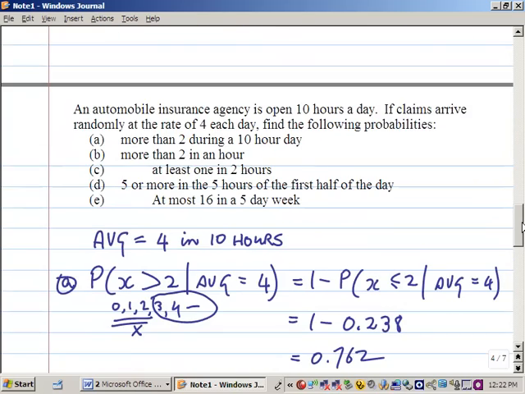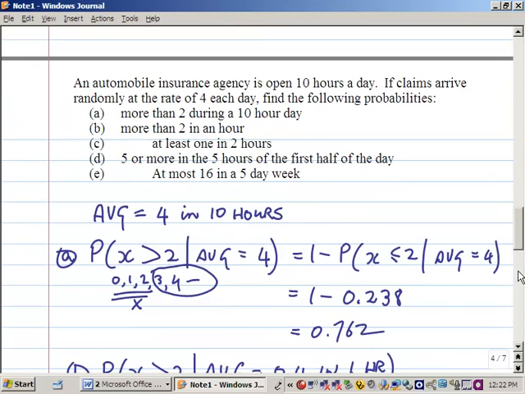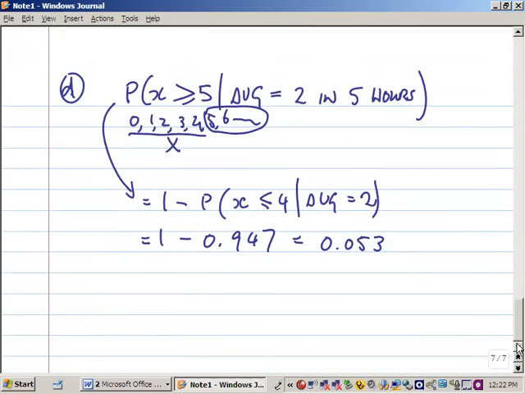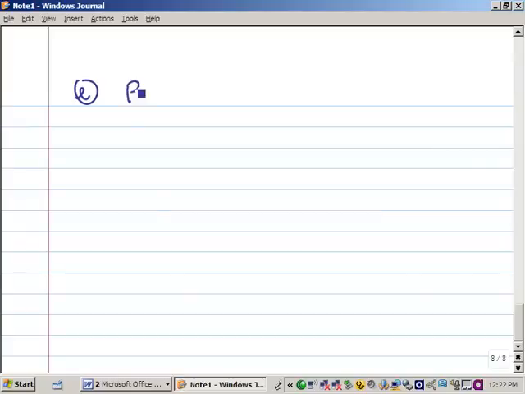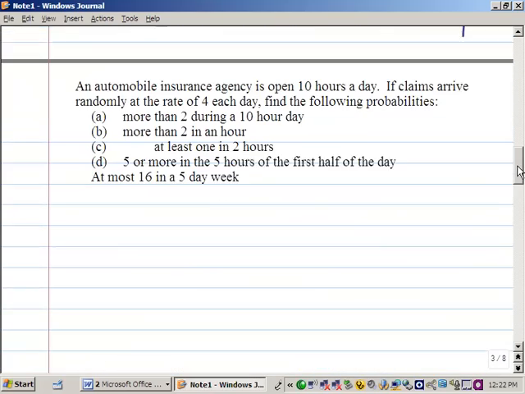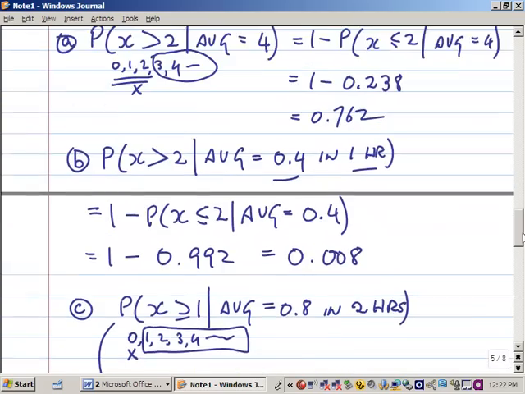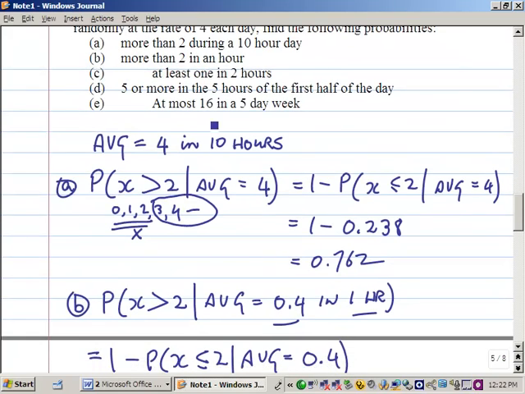Alright, let's look at the next part. E, at most 16 in a 5-day week. At most 16 means x less or equal to 16 in a 5-day week. Well, the average in 10 hours, which is 1 day, is 4. So it's 4 in 1 day.